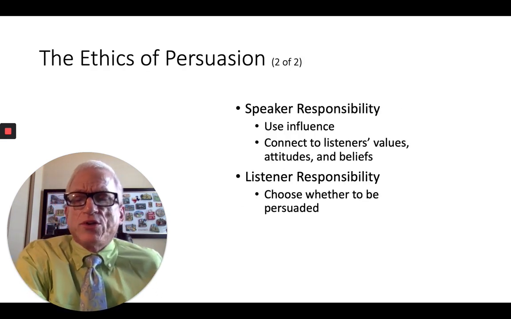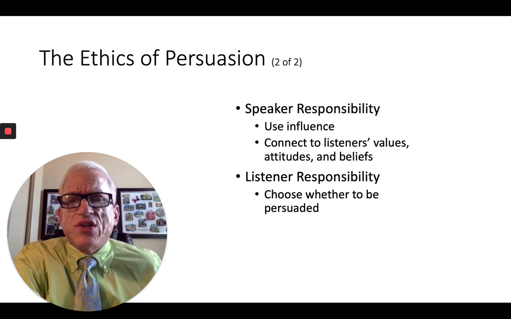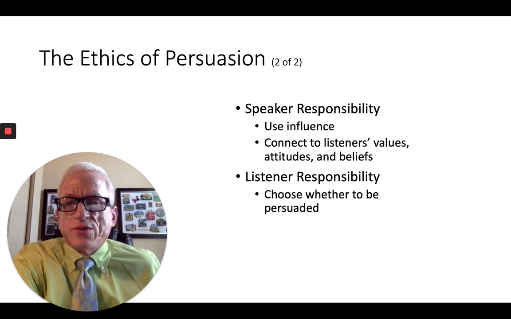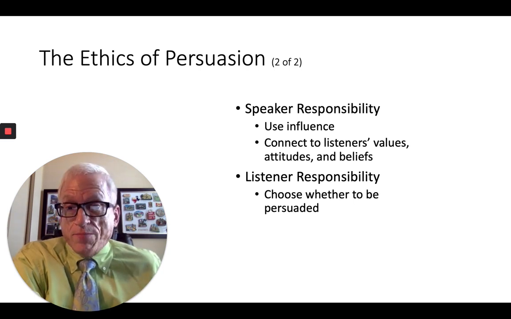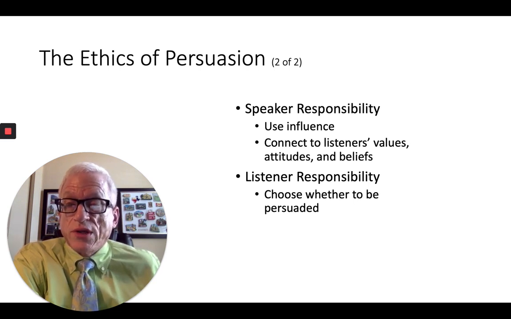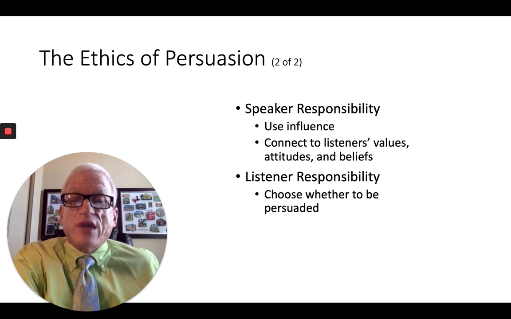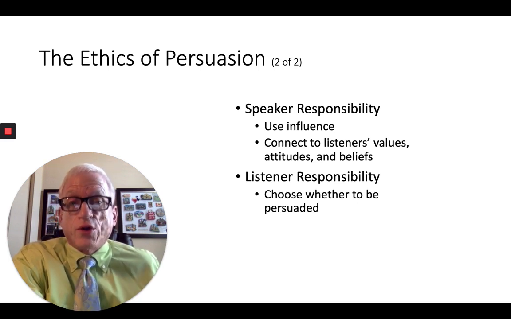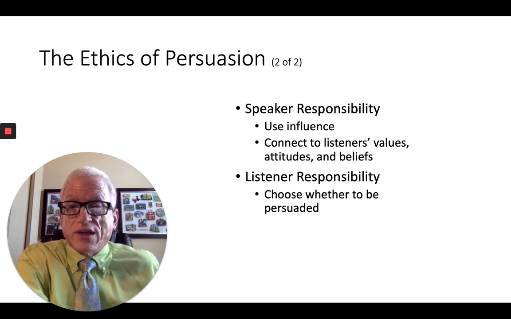So one of the things we want to talk about in the ethics of persuasion is that there are two levels of responsibility that exist when it comes to persuasion. Speakers have a responsibility. They have to use their influence ethically, and they have to connect to listeners' values, attitudes, and beliefs. One of the things you should be doing when you are engaging in your own persuasive speeches is figure out how you can tailor your message to make it consistent with your listeners' values, attitudes, and beliefs.